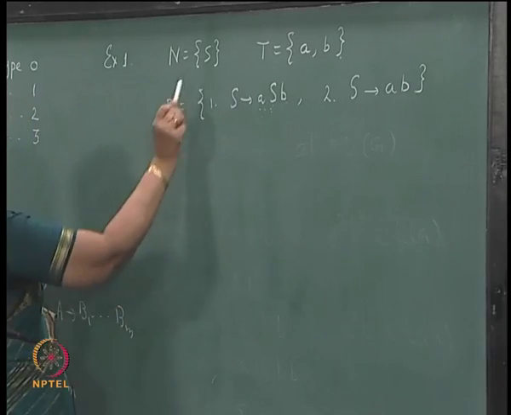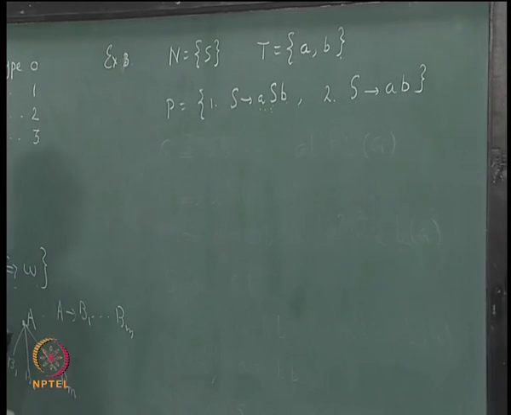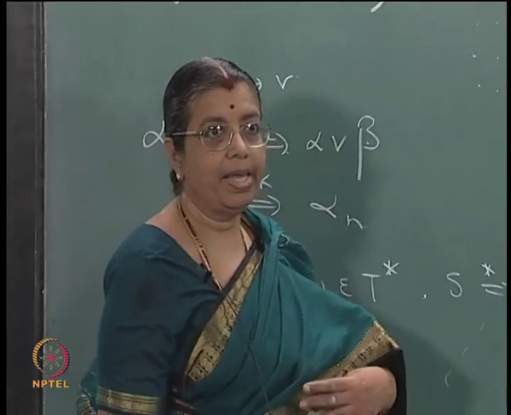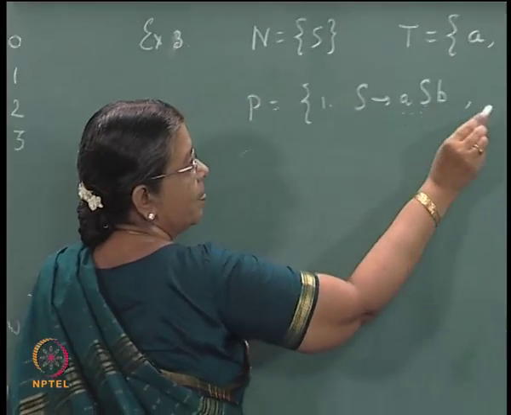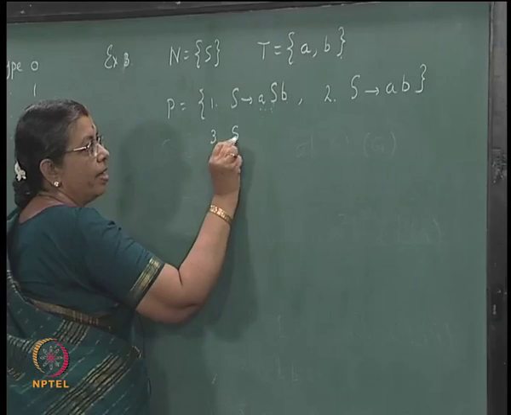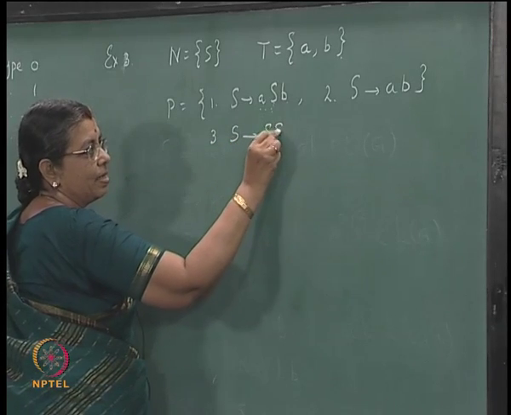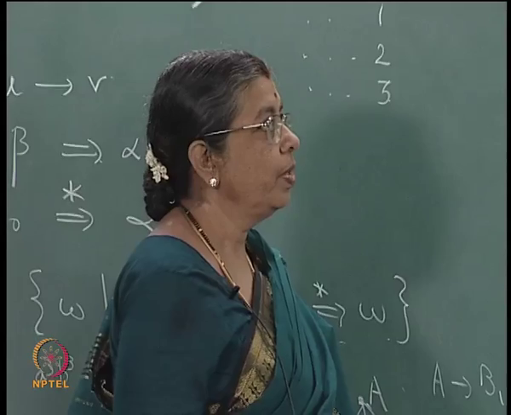There is only one non-terminal S, and two terminal symbols A and B. There are two rules, S goes to A S B, S goes to A B, then there is one more rule, S goes to SS.